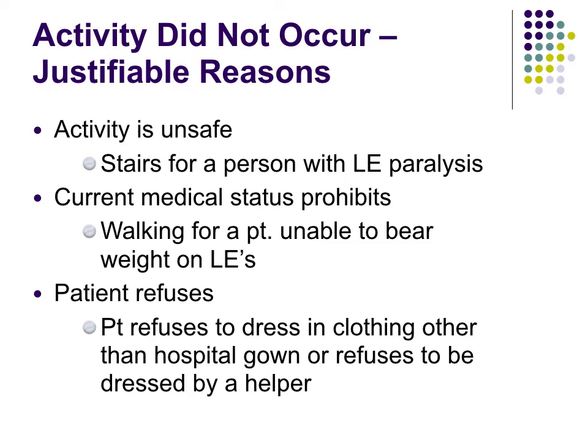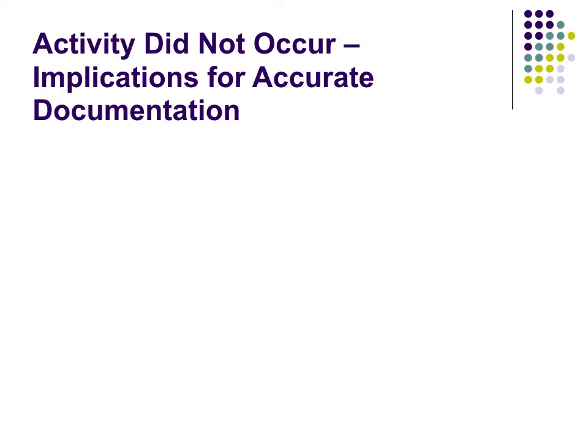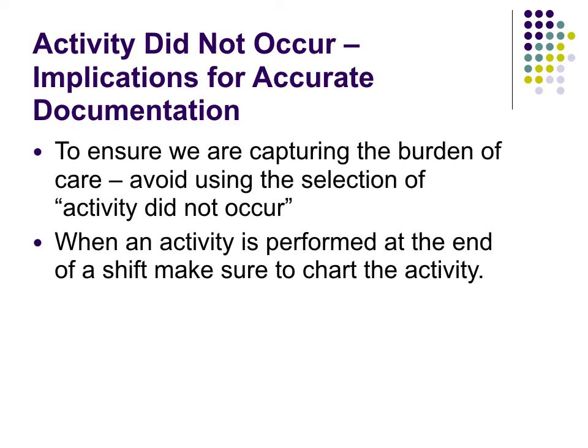That would be okay to put activity did not occur. But like I said, we want to give the patients opportunity to complete these tasks, especially during the admission period and throughout their stay and then at discharge. So to ensure we're capturing the burden of care, avoid using the selection of activity didn't occur.